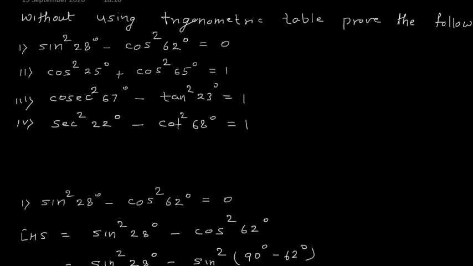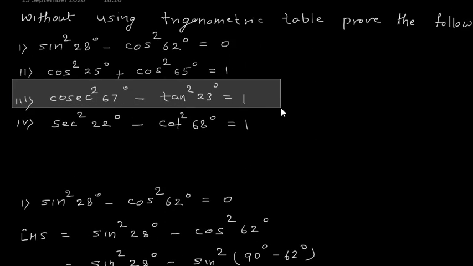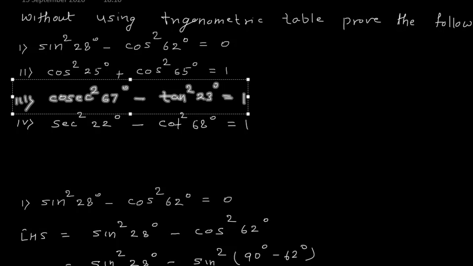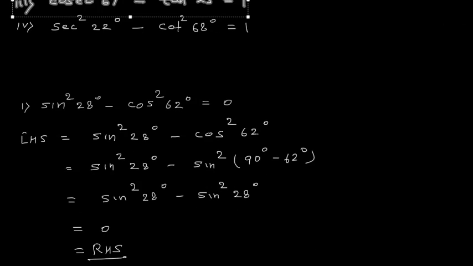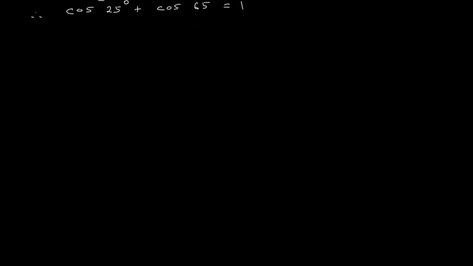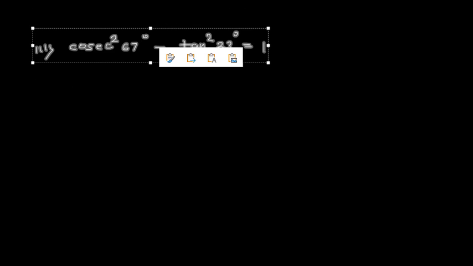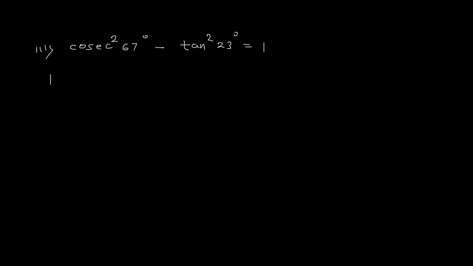Yes. Now third question. So while solving these questions, you should also know all the identities. Whatever you learn in trigonometry, each and everything you should know, and where it is required you should use that. Now this is cosec square 67.